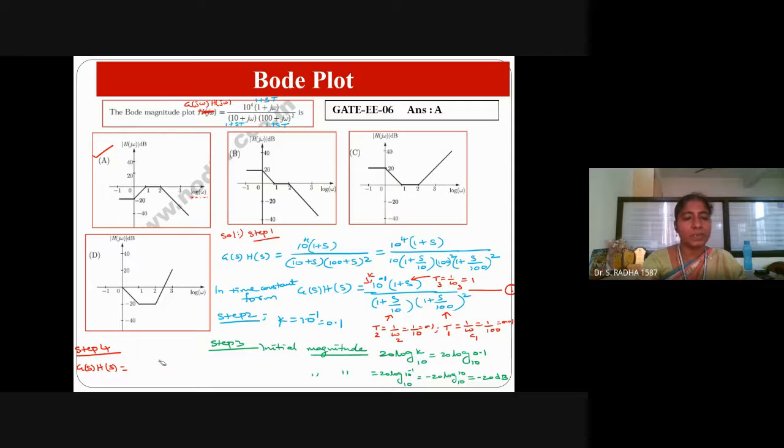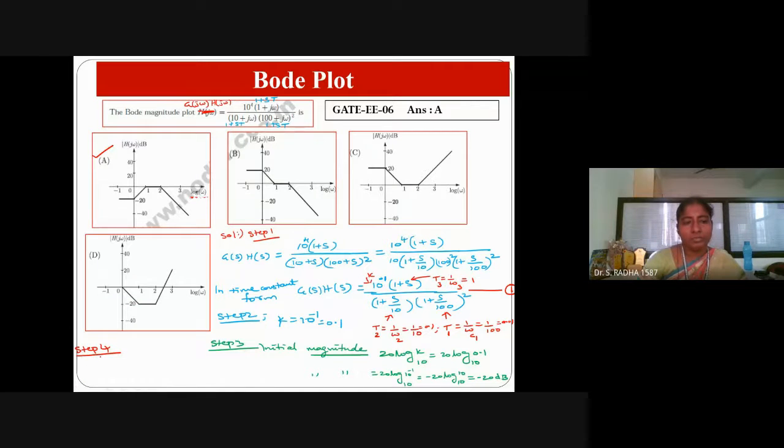I am just explaining the corner frequencies. The answer we already got. I am just explaining how the corner frequencies are satisfied in the first option. In step number 4, I will explain just the corner frequencies.